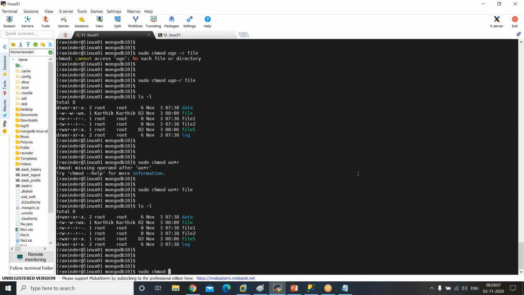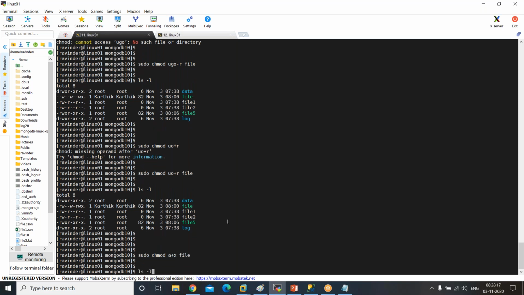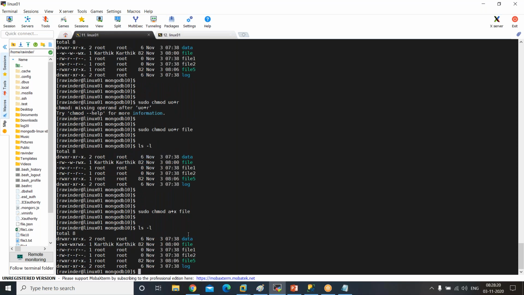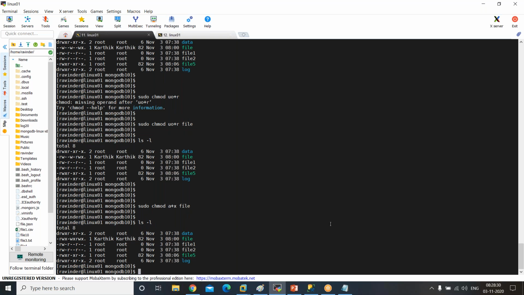But anyway, let's give a plus, execute permission to all on file1. Instead of mentioning ugo, a means everyone. Now from everyone I want to take the write and execute permission. sudo chmod a minus wx.